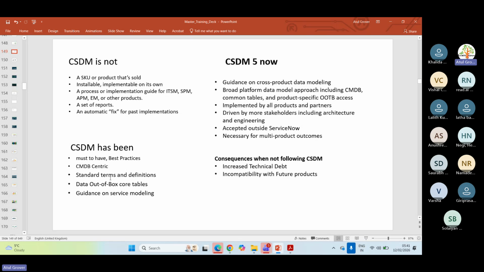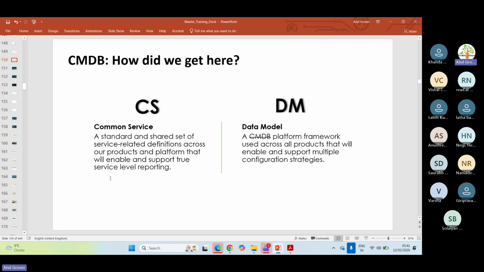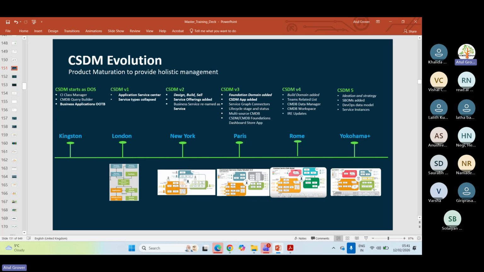Okay, so this is what the CSDM says. Now, the CSDM started in 2017. Very old concept.